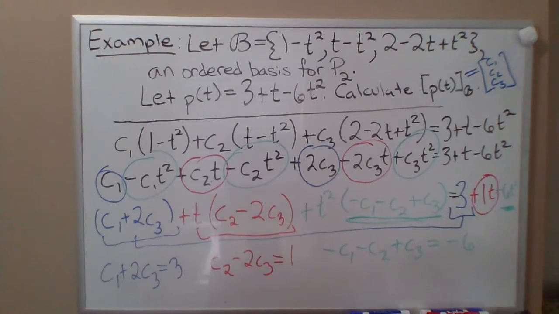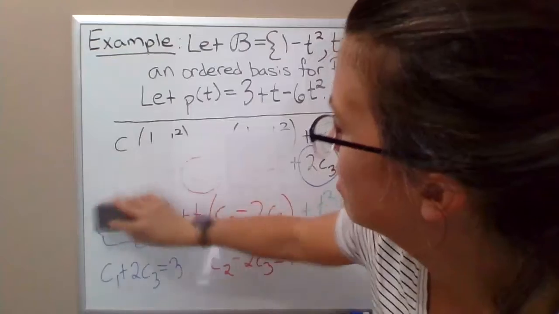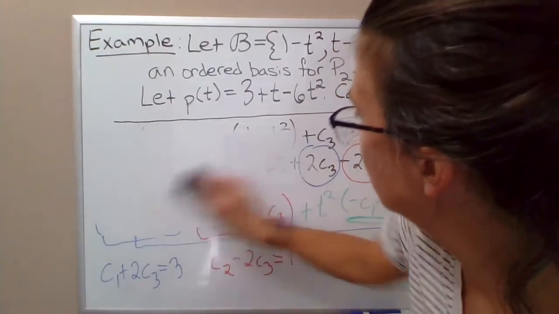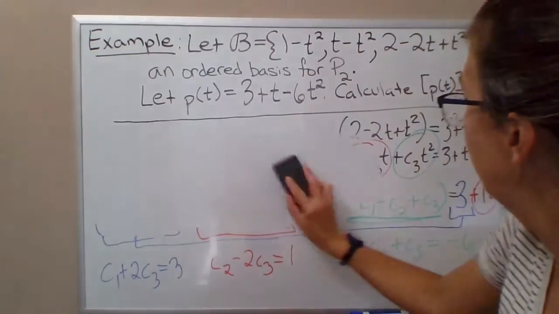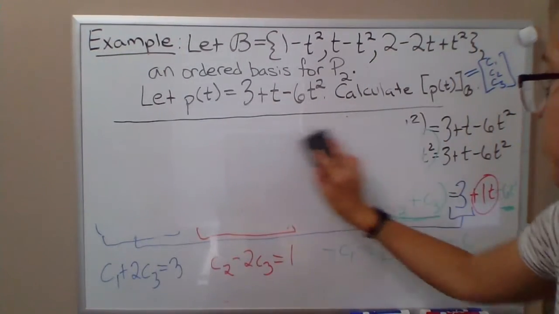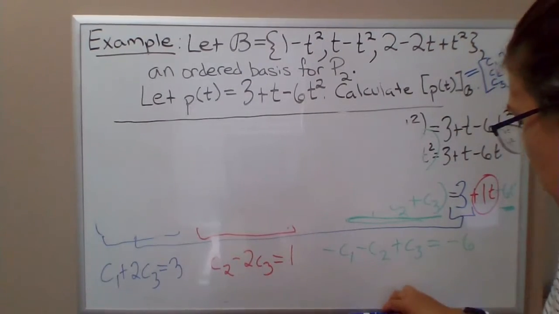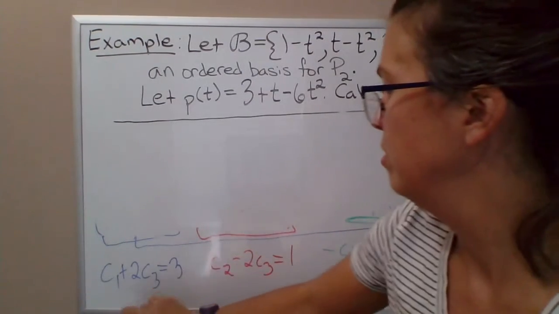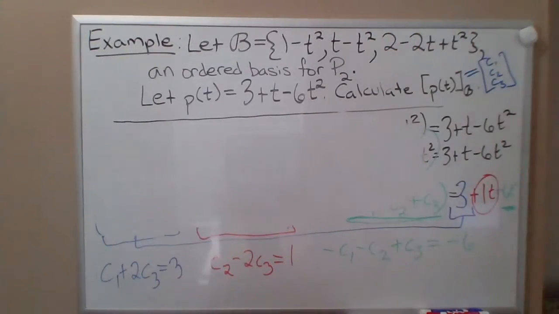Okay, so we've got 3 equations with 3 unknowns. We can actually solve this system with substitution. If I can avoid setting up a 3 by 3 or 3 by 4 matrix and row reducing it, then I prefer to do that. So in this case, this first equation, C1 plus 2C3 equals 3.